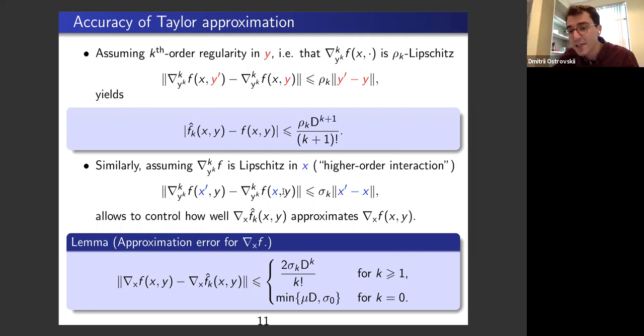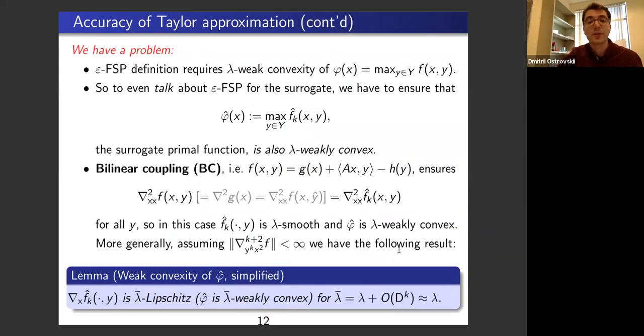For xx regularity, we already have a lower order parameter, lambda, so we expect that sigma k will not control much here, and indeed it doesn't. In particular, sigma k is just 0 in problems with bilinear coupling. And second, even with general interaction, the terms including sigma in the upper bound for the critical diameter are higher order terms with higher dependency on the diameter, so they essentially vanish in the interesting regime of small diameters.